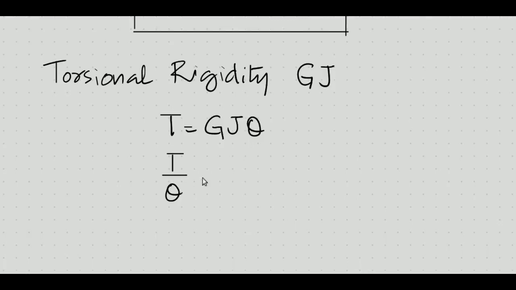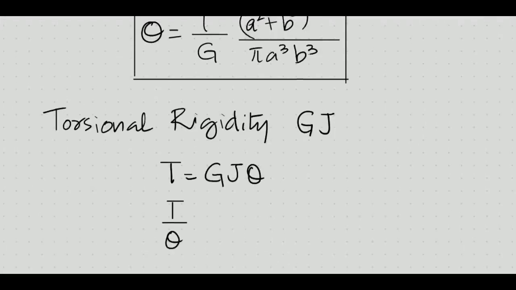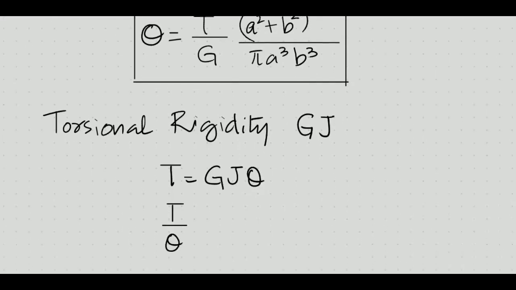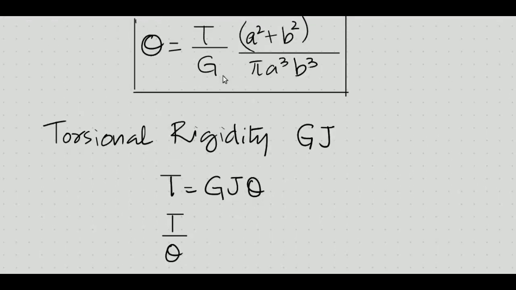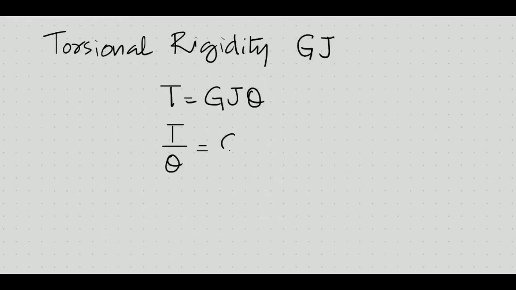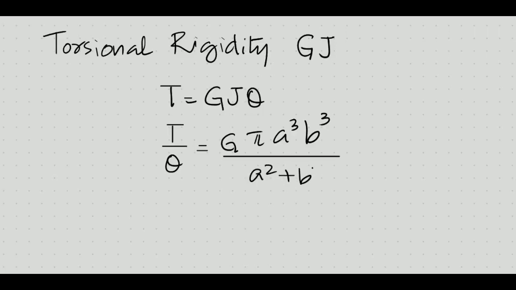From the above equation, torsional rigidity, T by theta, can be written as G into pi a cube b cube divided by a square plus b square.